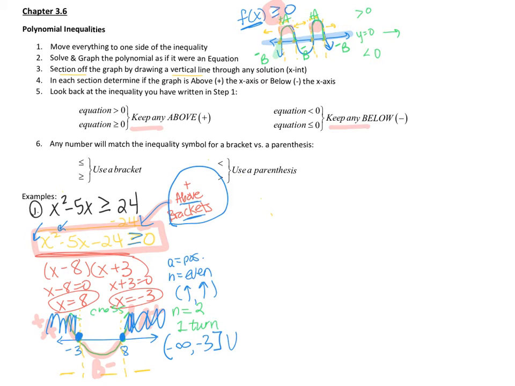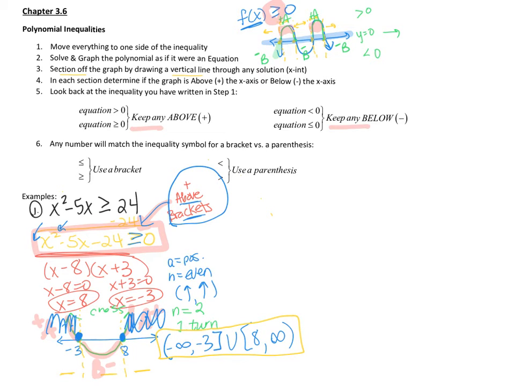I'm going to start at 8 with a bracket, and I'm going to go off to infinity. I used those outside pieces because they were my above pieces. I used brackets because we had an equal sign. So that's the entire process to find my final interval answer.